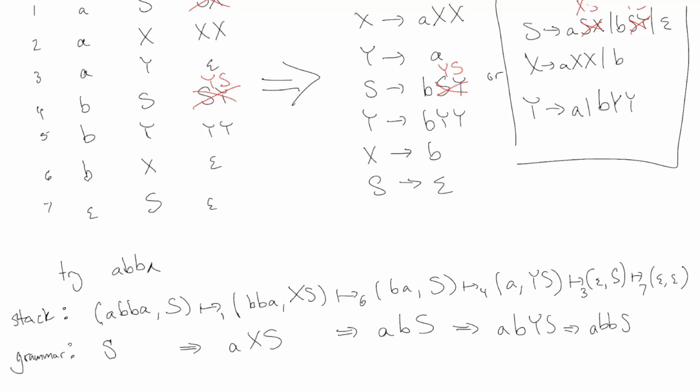No, for the second one, it should be A, B, Y, because it goes to BYS. Yes, I left out a B here. Thank you. Sorry about that. ABBYS. So now it's ABBAS. Right, and then finally S goes to epsilon. ABBA. Okay, thank you for that.